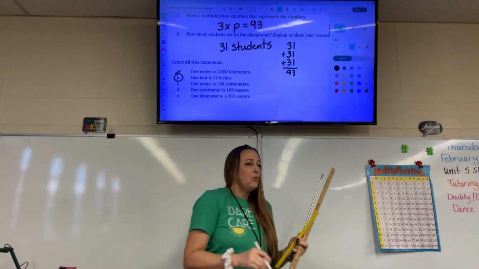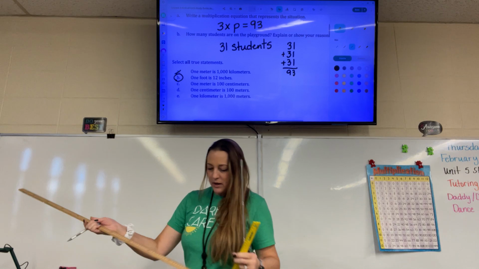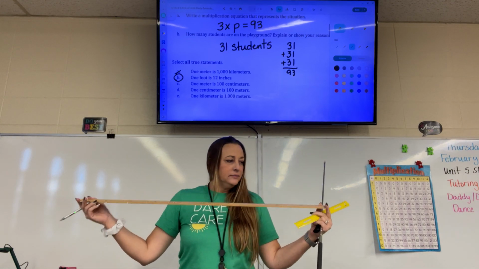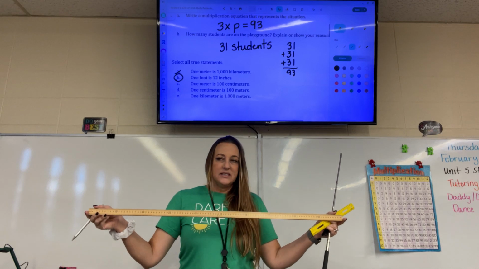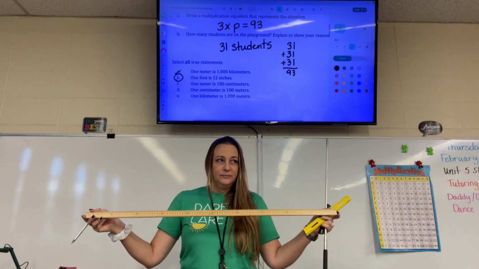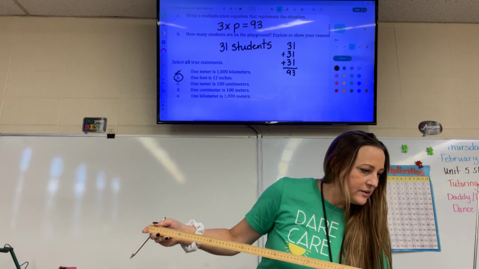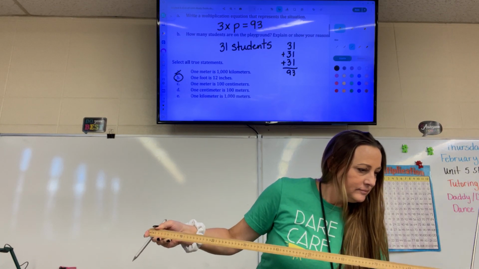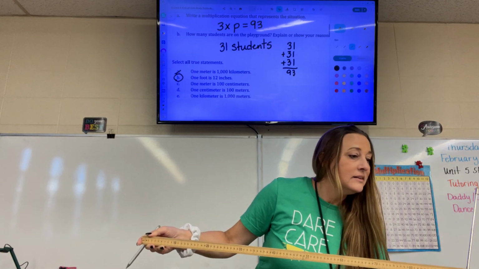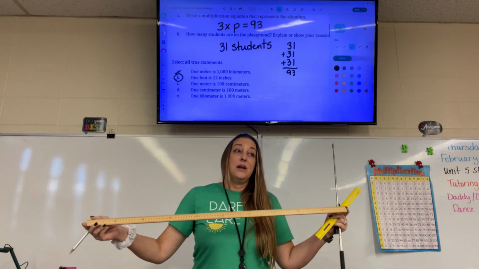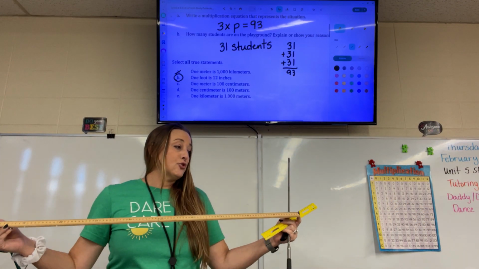Okay. 1 meter is 100 centimeters. This is 1 meter. What's the last number you can see on there, Zerelda? 99. Plus 1 more would be 100. That one is also true.